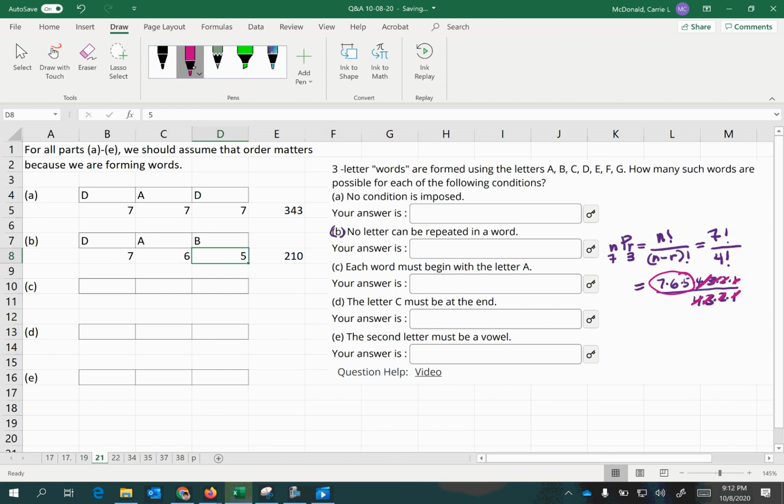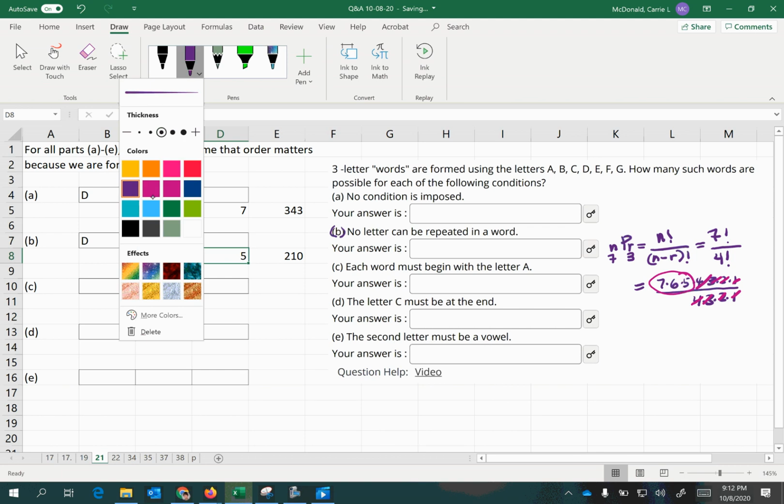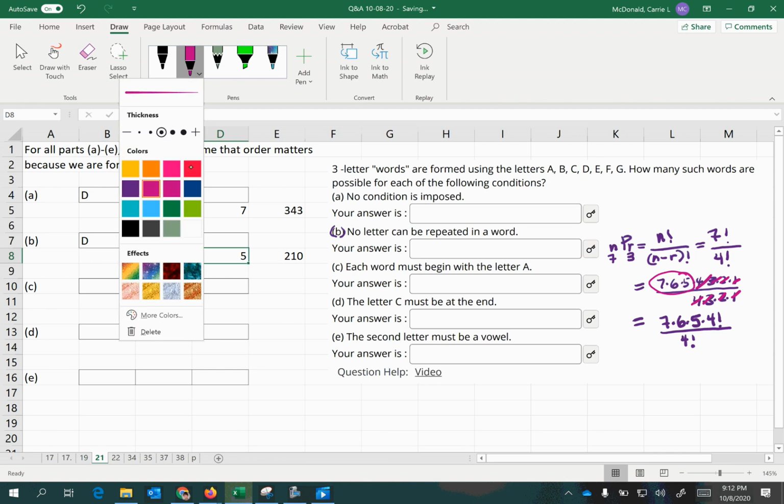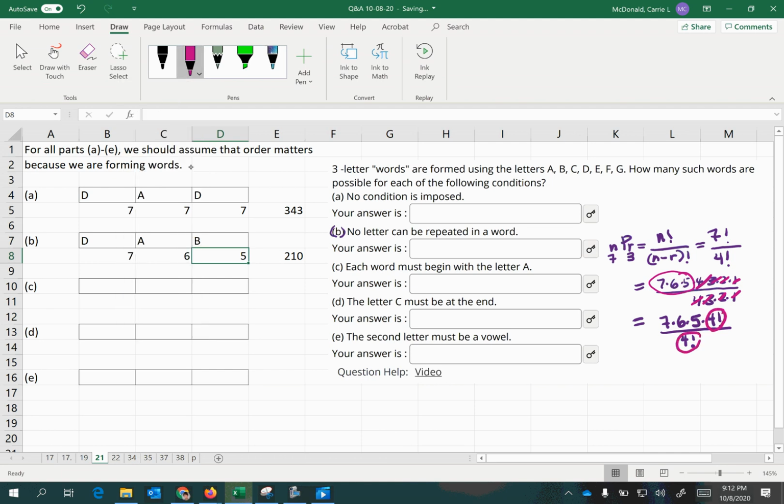Another very clever way of calculating this, especially useful with big numbers, is instead of expanding the top and bottom all the way down to 1, I could leave the bottom as a chunk of 4 factorial and expand the top only as far as 4 factorial, because then these two pieces cancel to 1.